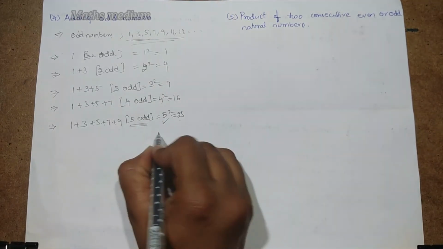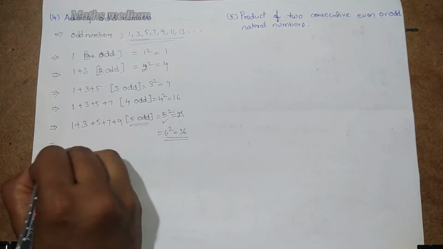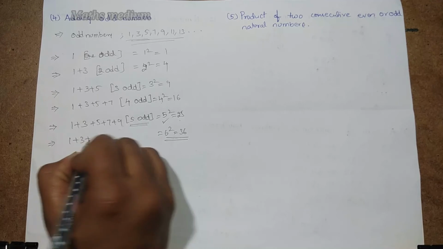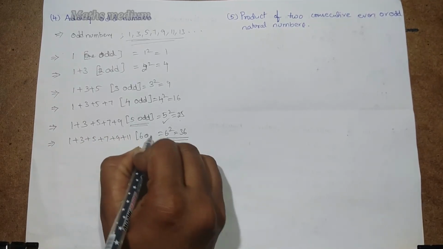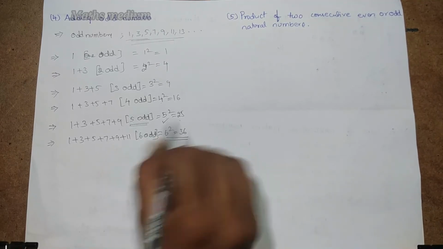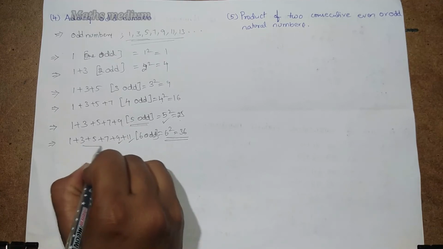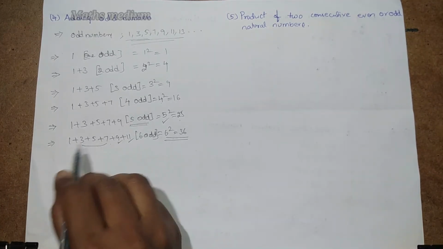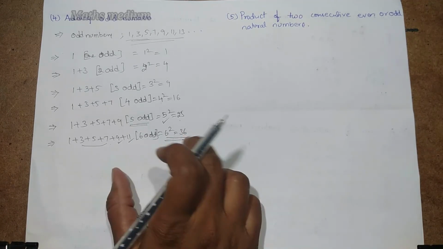If you take 6 odd numbers, it must be 36. Check it. 1 plus 3 plus 5 plus 7 plus 9 plus 11. It is 6 odd numbers, so obviously 6 square. But apart from this, 11 plus 9 is 20, 20 plus 10 is 30, 36. Is it right? So this is the property of adding odd numbers.